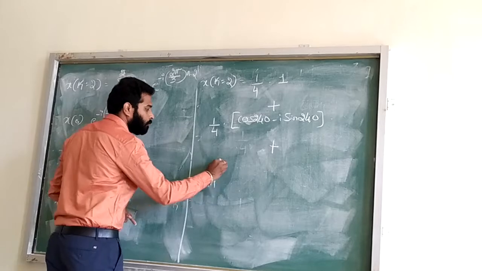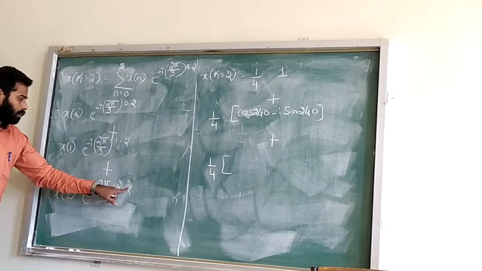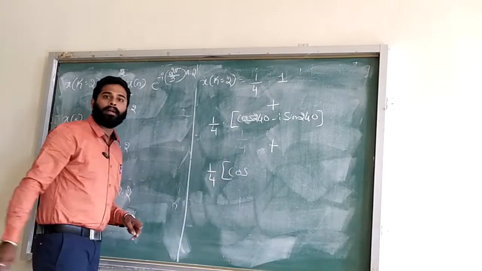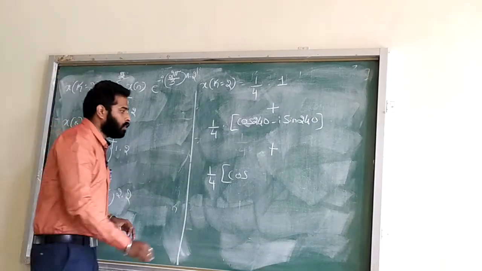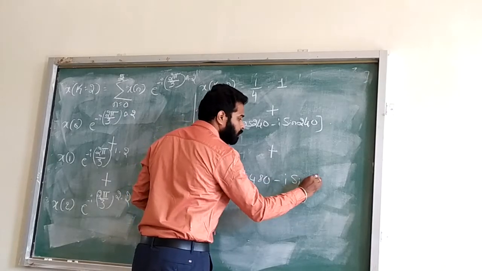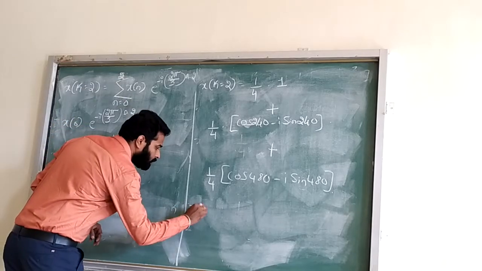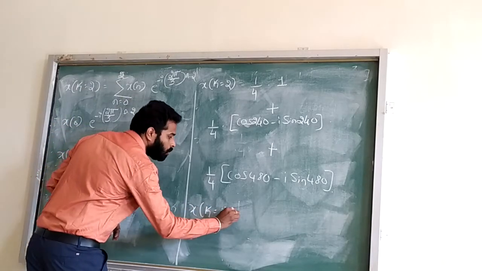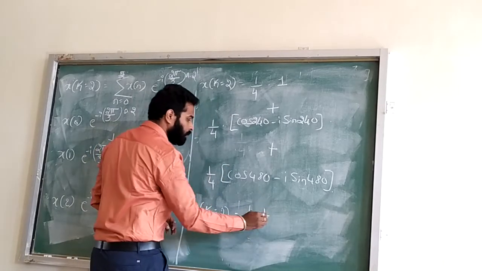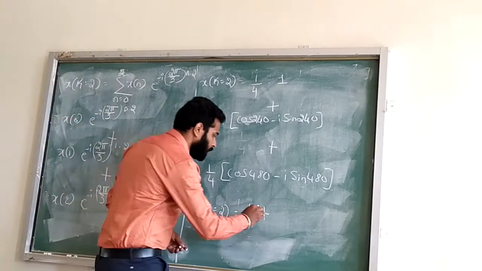So 1 by 4 into e raised to minus I 2 into 4, that is 8 pi by 3. So cos 8 pi by 3 is 480. Cos 480 minus I sin 480. So x at k is equal to 2 is equal to 1 by 4 into 1, is 1 by 4, plus 1 by 4 into cos 240. Cos 240 is how much? Minus 0.5. Minus 0.5.